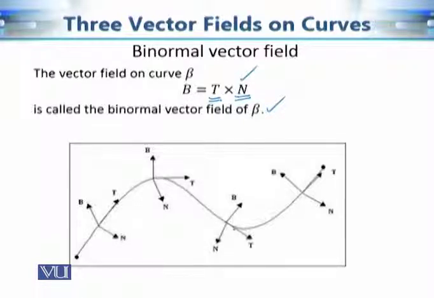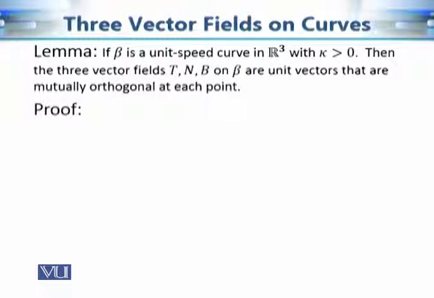Combining all of this information, we can now say that for any given unit speed curve in R3 with κ greater than 0, so that we can define the principal normal vector field, the three vector fields T, N and B on β are unit vectors that are mutually orthogonal at each and every point. So we have T, we have N, we have B.